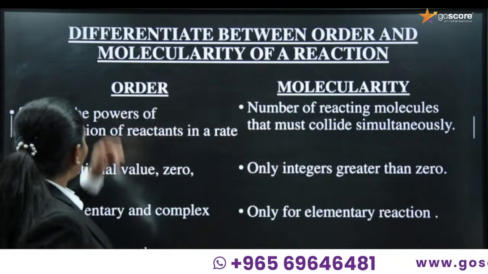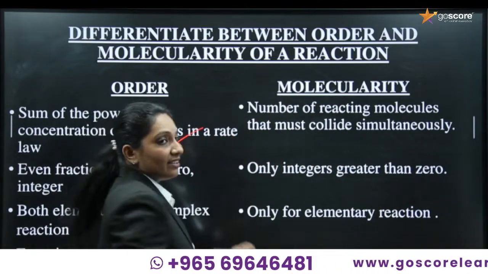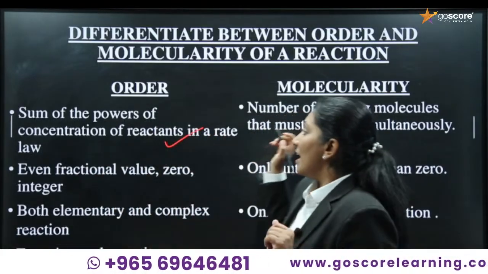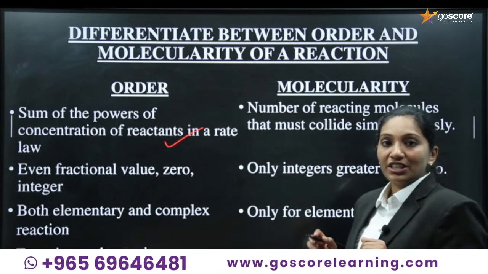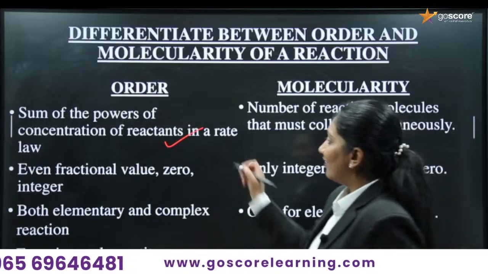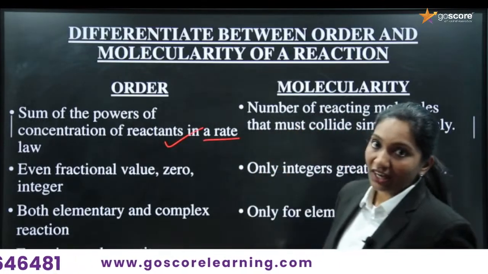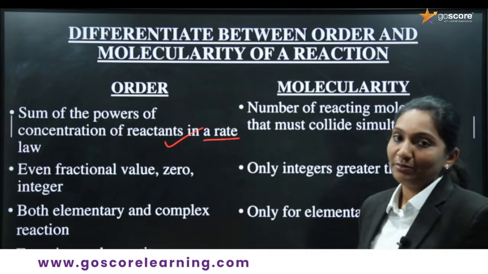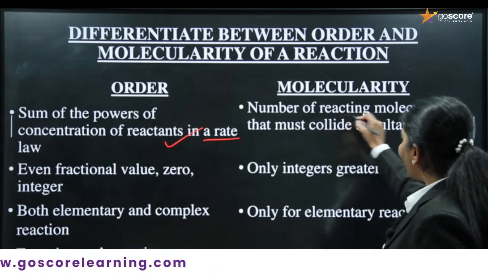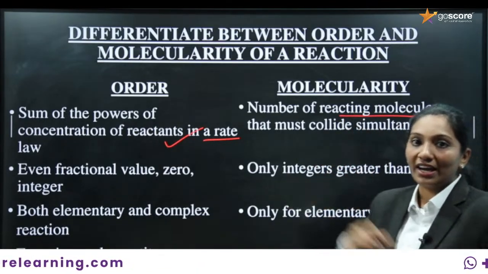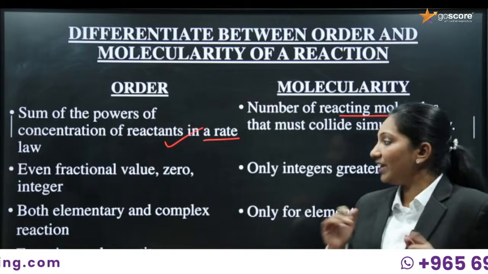The order of the reaction is the sum of the powers of the concentration of reactants in a rate law. And molecularity is the number of reacting molecules that collide or participate in the reaction.